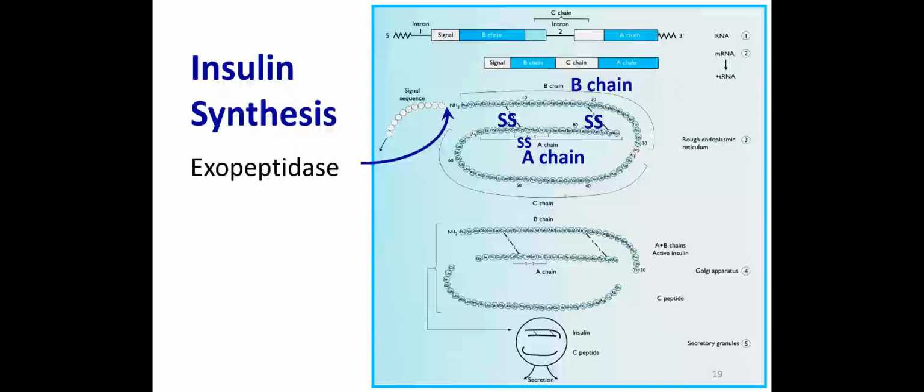And again, all of these disulfides are formed within the endoplasmic reticulum, an essential part of allowing proper folding of the hormone. The signal sequence gets cleaved at the endoplasmic reticulum as part of its.